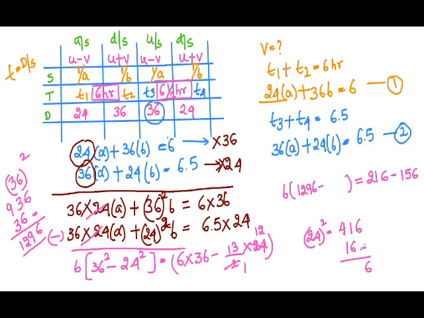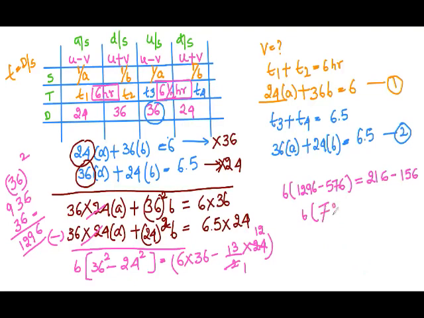Just add this, and you get 576. Directly you can write 576. So 1296 minus 576, if you do, you will get 720. So this is 720.